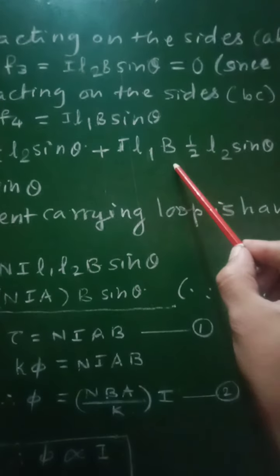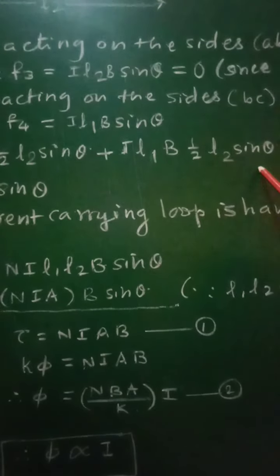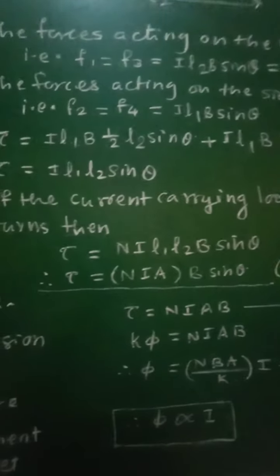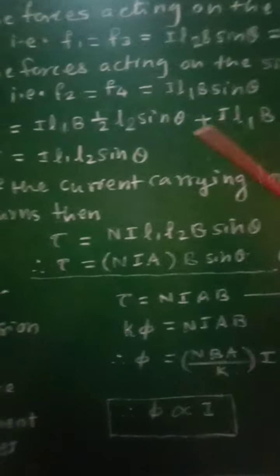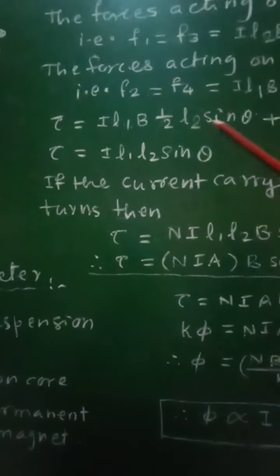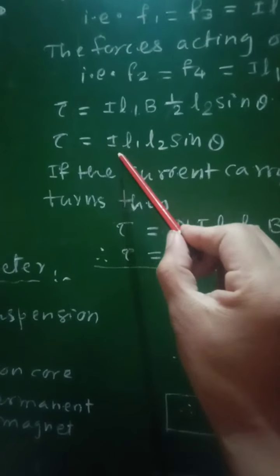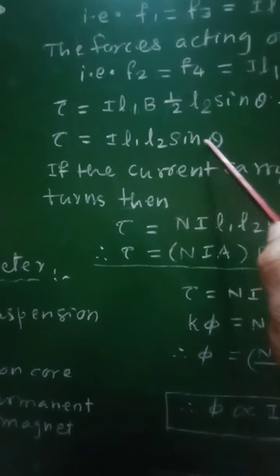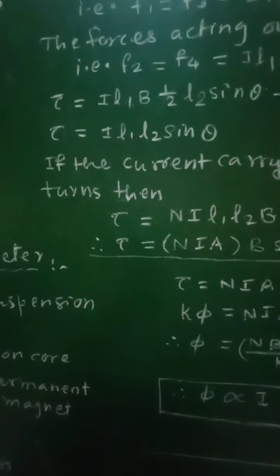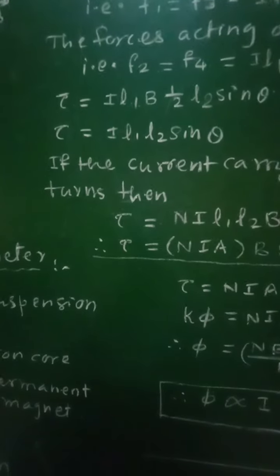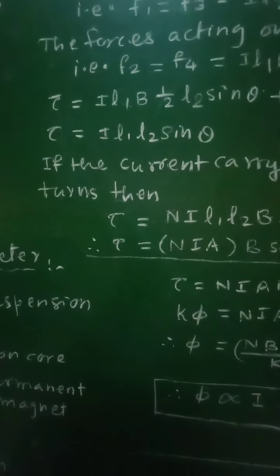So I L1 B will be the force, and this will be the moment arm. And therefore, adding these two, half plus half will be equal to 1, and therefore we will get I L1 L2 B sin theta, that will be the net torque acting on that current carrying loop. So torque is equal to I L1 L2 B sin theta.